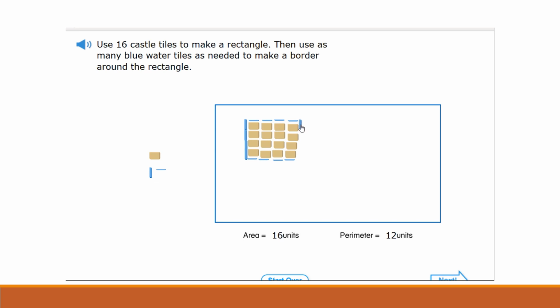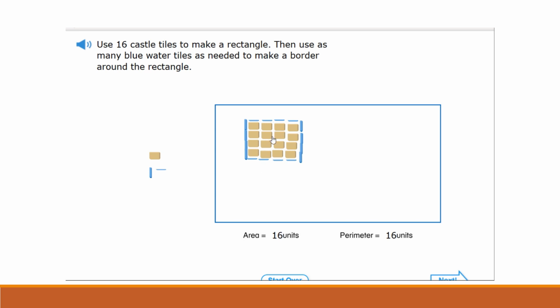Oh, this looks like it's going to work out. 13, 14, 15, and 16. Awesome. 16 units for a perimeter.